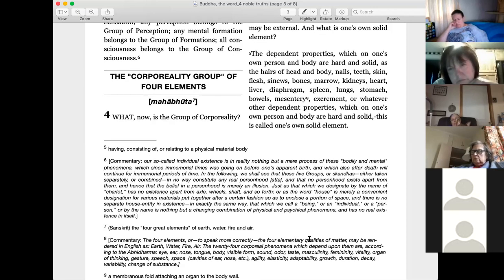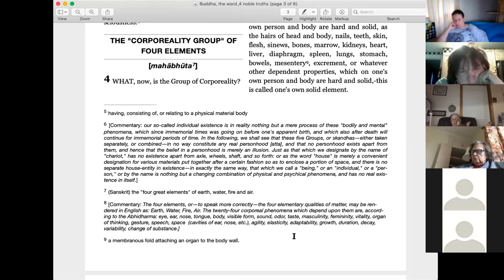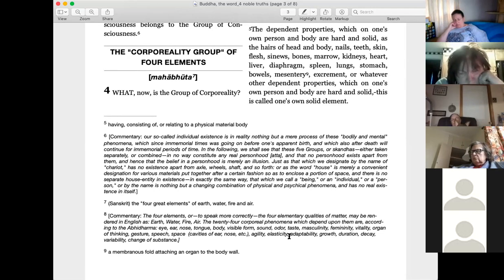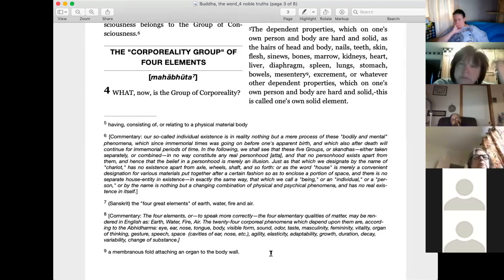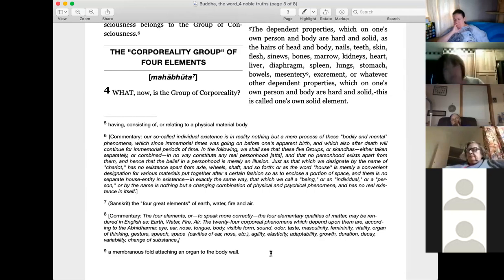So the other aspects of the four elements are what will be discussed in later Noble Truths, are the 24 corporal phenomena which depend on the eye, the ear, the nose, the tongue, the touch of the body, and what we see, what we hear, what we smell, what we taste, what we can feel with our skin and our body.